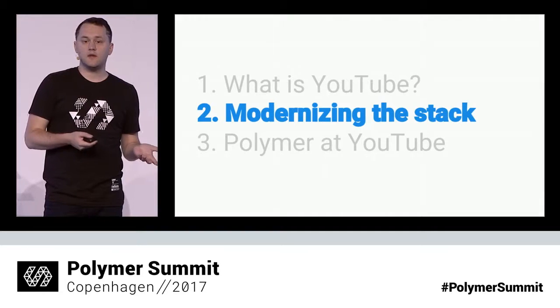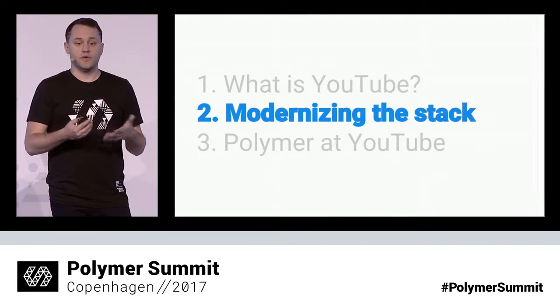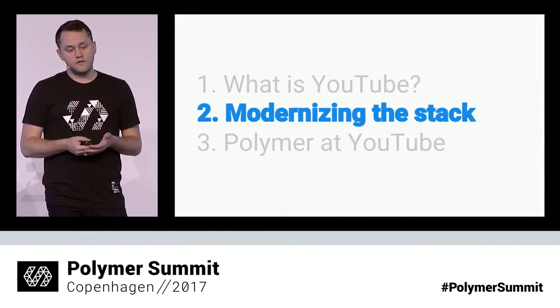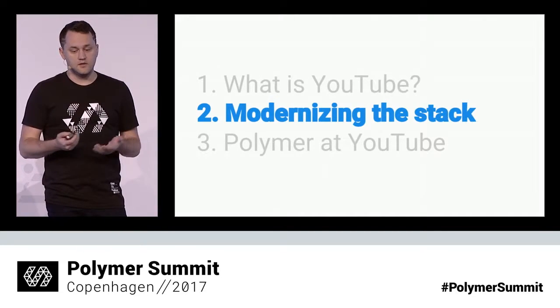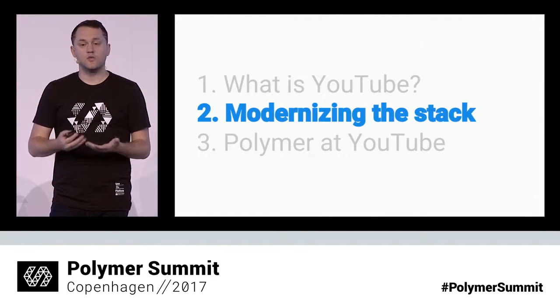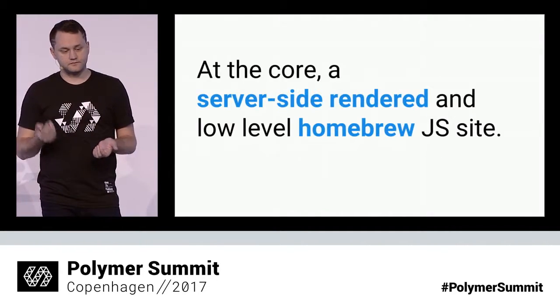We were hitting some performance limitations that we were unable to overcome with the stacks that we had, and we were hitting some engineering problems where we were unable to move as fast as we wanted to. So we started to think, how can we make things better? How can we move forward? And what will be the next thing that powers YouTube?